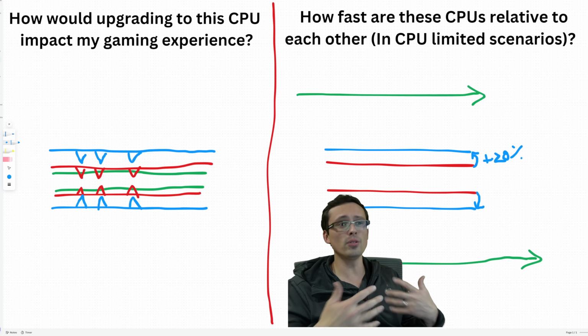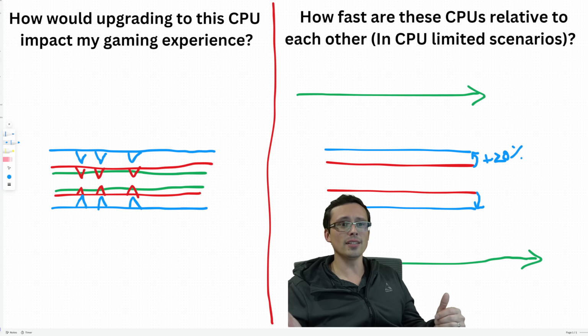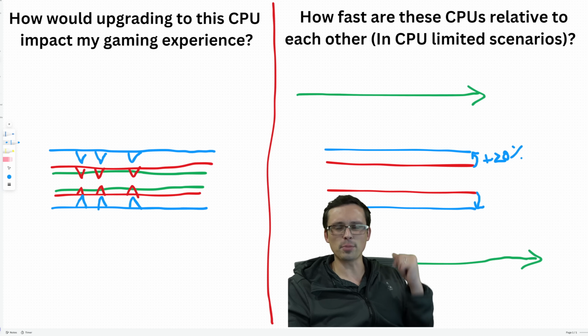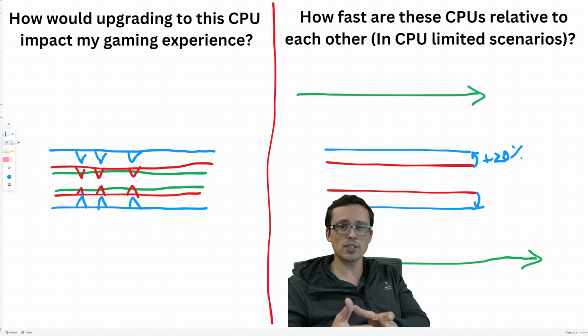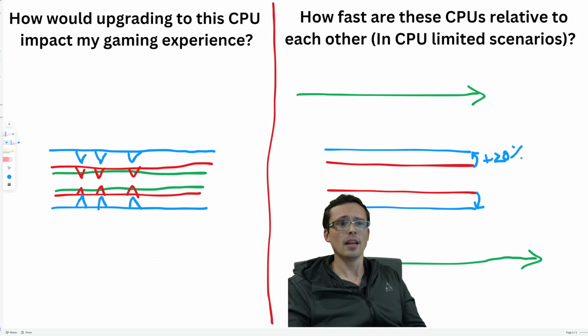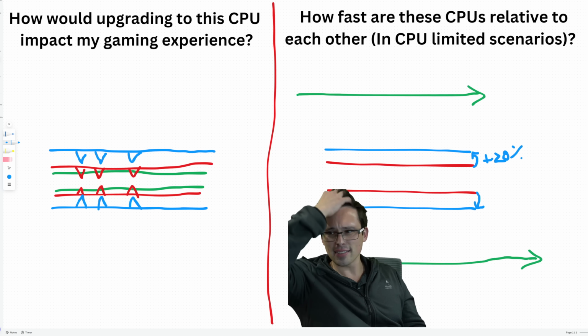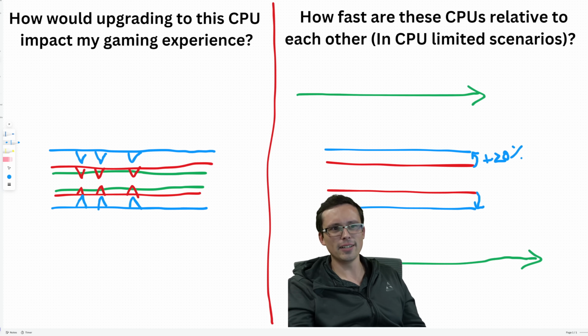Because if you don't own a CPU already, you're not looking at whether you would really get this performance gain. You're more looking at, if I'm spending this amount of money, which CPU for that price gives the best performance? Because if they cost the same anyway, I might as well get the one that performs the best for my use case. Anyway, I think that's probably where we should end it here.